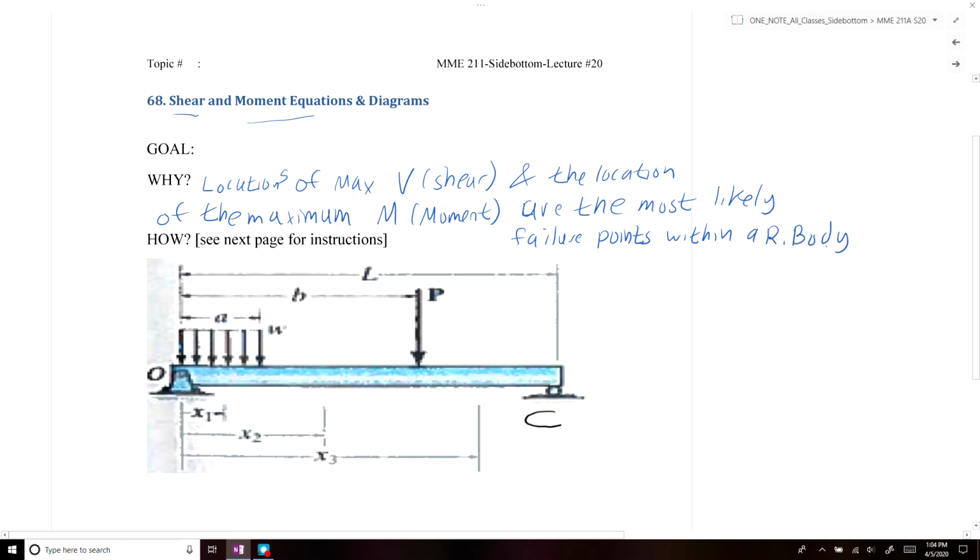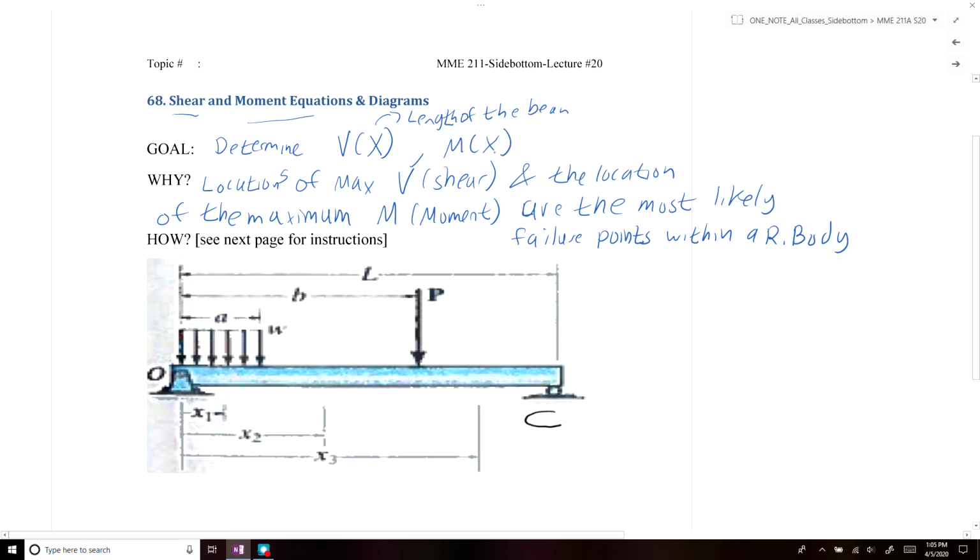So our goal is to determine the shear force as a function of x, where x is the length of the beam, and we also want to determine the moment as a function of x.